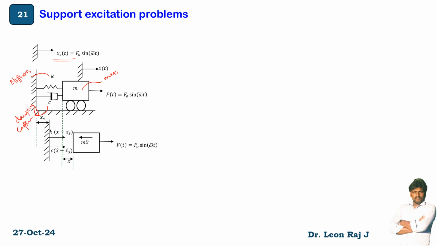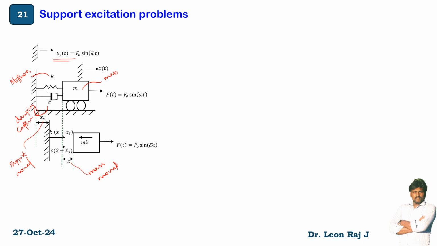The mass is moved to a distance of x. At the same time, the support is moved to a distance of xs. Mass moved to a distance x and the support moved to a distance xs.